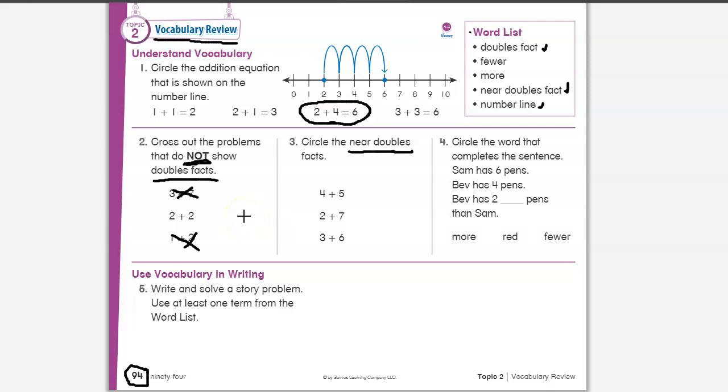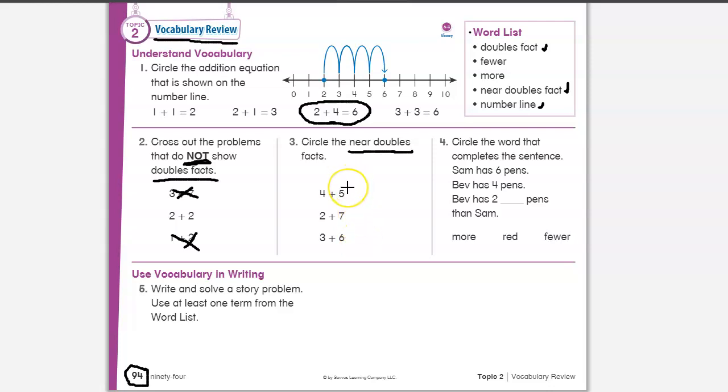It is the same number that is being added together. So which of these problems would be the closest to a doubles fact, what we would call a near doubles fact? Which of these problems? 4 plus 5, 2 plus 7, or 3 plus 6?